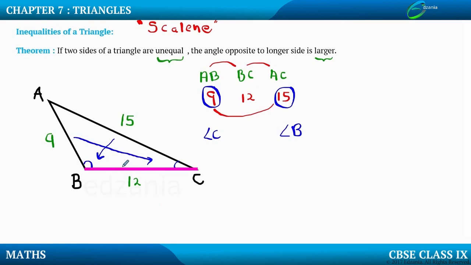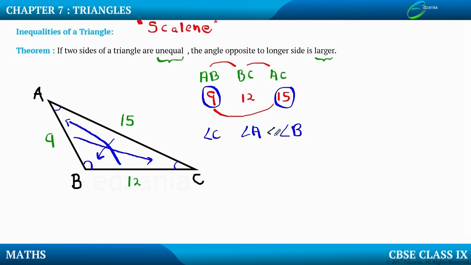BC remains. So BC actually lies between AB and AC. Its length lies between AB and AC. Therefore, this angle A, which is opposite to BC, will lie between angle C and angle B. So angle B is the longest angle.